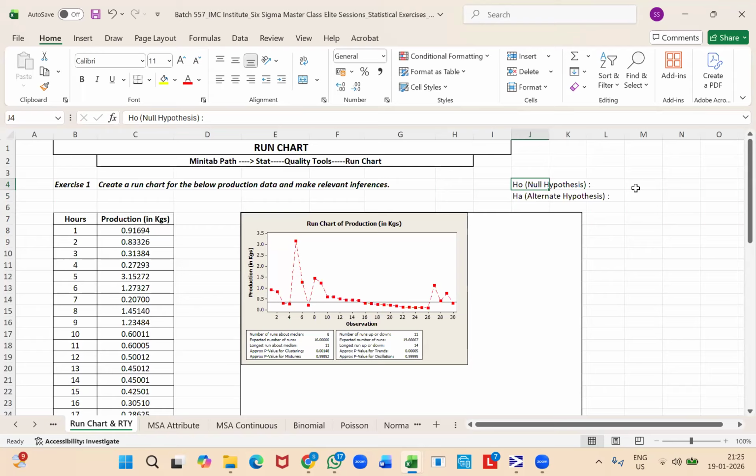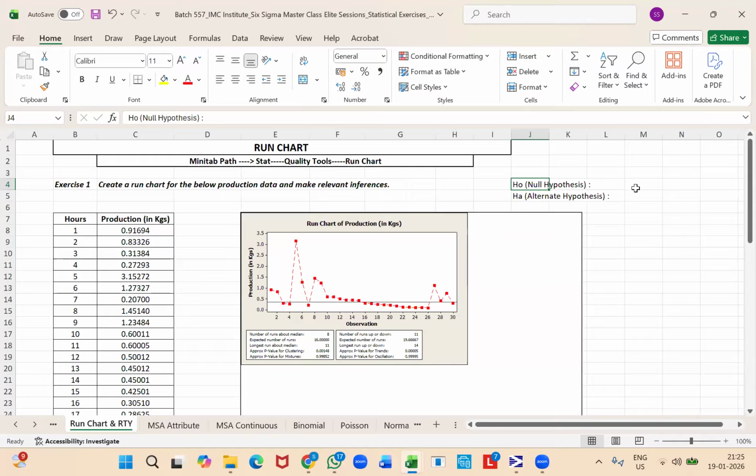So that being the case, the common cause variation would indicate that the data distribution is random, whereas the influence of assignable cause variation would indicate that the data distribution is non-random due to any of the four non-random characteristics, right?